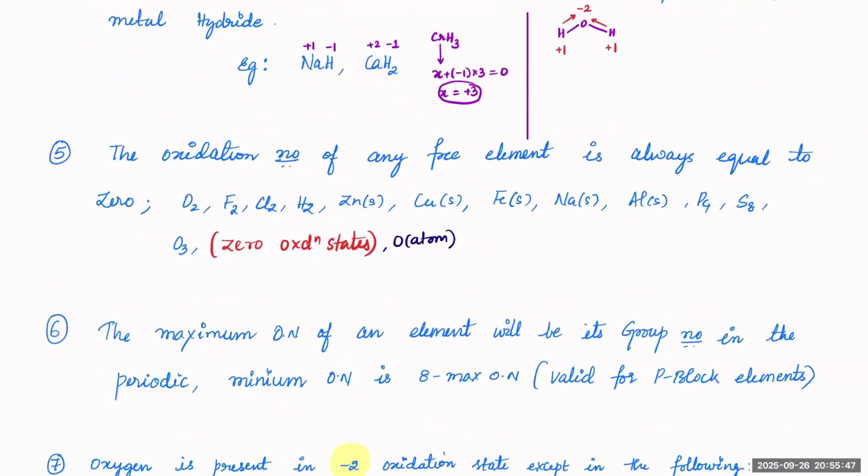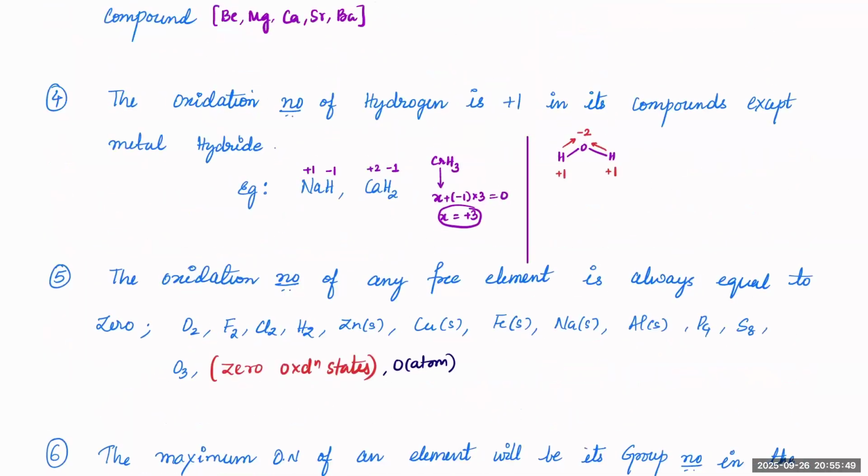Next, the oxidation number of any free element is always equal to 0. Either you take an elemental form or a simple atom. See, O2 is the elemental form of oxygen, which means as an element it is always observed in nature as O2. Fluorine is observed as F2, chlorine as Cl2. Zinc and copper are observed as solid metals.